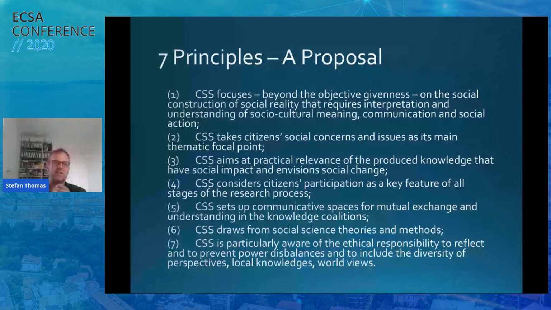And sixth, citizen social science should draw from social science theories and methods. The reason is we should take advantage of the huge stock of knowledge, theories, and methods already developed in social science. And the last point, seventh, citizen social science is particularly aware of the ethical responsibilities to reflect and to prevent power imbalances and to include the diversity of perspectives, local knowledges, and worldviews.